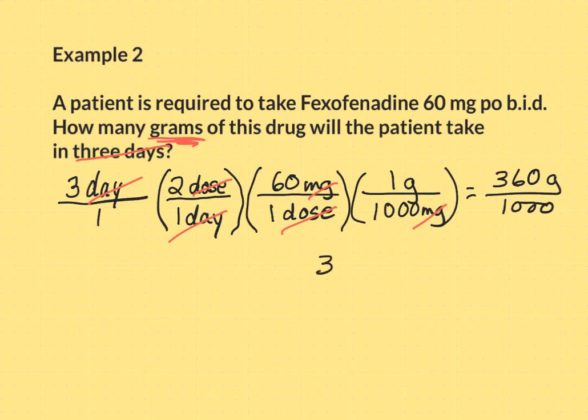So now I can take that 360. I have a decimal point here, so 1, 2, 3 to the left because I'm dividing by 1,000. 0.360 or 360 thousandths gram. Please remember to report units.